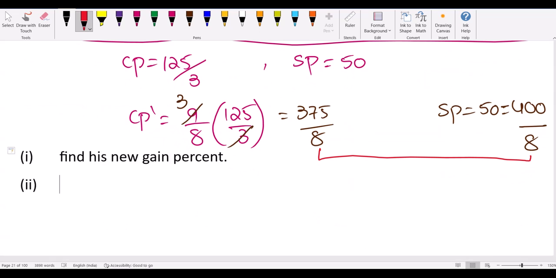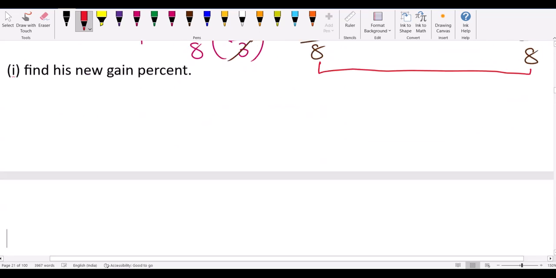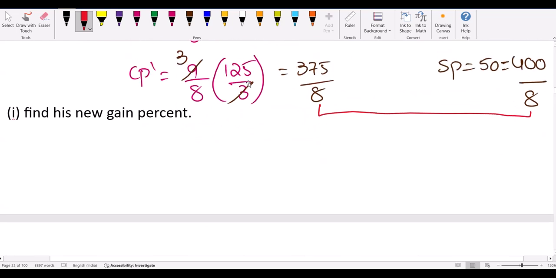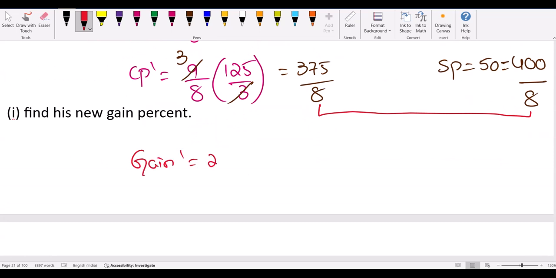So what is the gain now? As per this new case, the gain is 25 divided by 8. They are asking gain percentage, and gain percentage means gain with respect to cost price. Profit percentage is profit divided by cost price, and loss percentage is loss divided by cost price only.